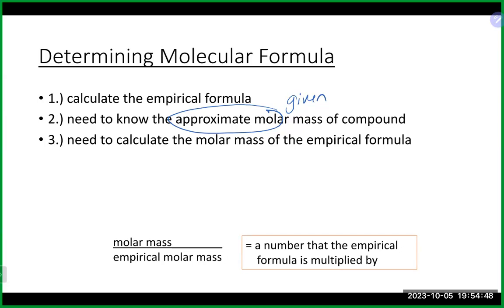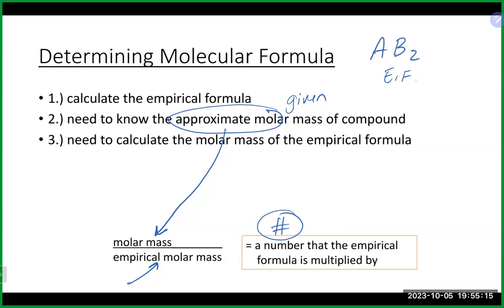So what do you do with those 2 numbers? Basically, you take the approximate molar mass of the compound, which is given to you. You divide it by the empirical formula's molar mass, and it will give you a number. And that number is the number that you multiply the empirical formula by to get the molecular formula. So for example, let's say we had our empirical formula of AB2.